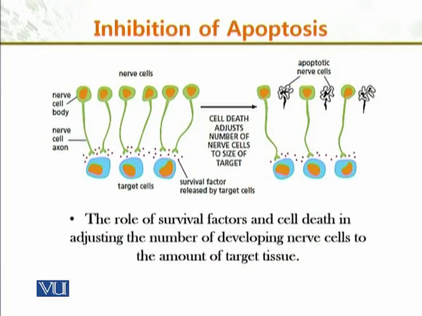Just look at this, there are 6 nerve cells, target cells, and cell death adjusts the number of nerve cells to the size of the target. अब आप size देखें, first we had 6, but now we have 3 nerve cells. The role of survival factor and cell death in adjusting the number of developing nerve cells is so that the amount of target tissue remains appropriate, मुनासिब रहे, मौजू रहे. तो ये एक एग्जाम्पल हो गई.